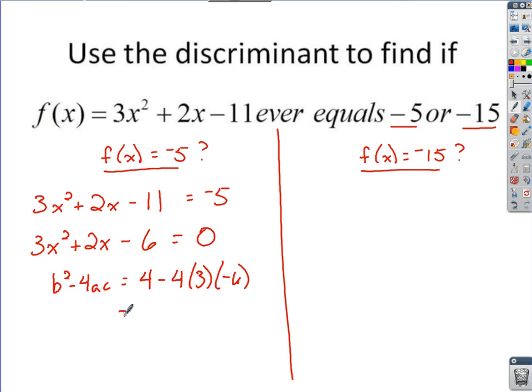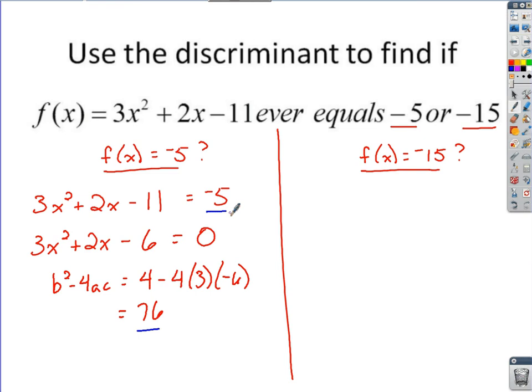All right, if you calculate that out, let's see, you've got negative 4 times 3, negative 12. Negative 12 times negative 6, so that's going to be positive 72, right? Add 4. Discriminant's going to be 76. So using what I know about this discriminant value, is it possible that I could get a function value back of negative 5?